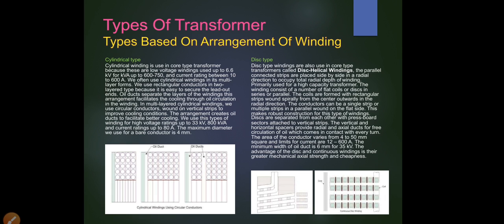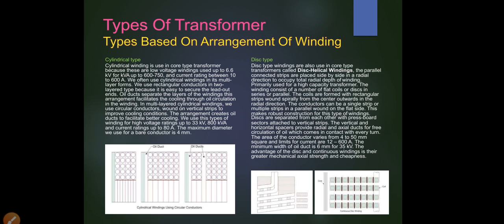In a multi-layer cylindrical winding, we improve the cooling conditions, and the arrangement creates oil ducts for better cooling. We use this type of winding for high voltage ratings, for 33 kV, 800 kVA, and current ratings up to 80 amperes. The maximum diameter we use for the bare conductor is 4 mm generally. This is about the cylindrical type.